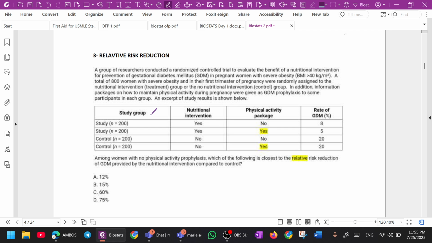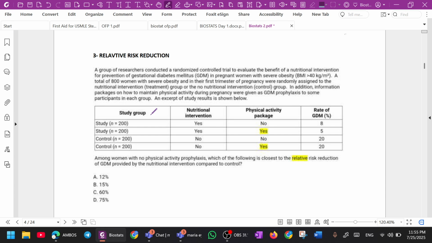A group of researchers conducted a randomized control trial to evaluate the benefit of a nutritional intervention for prevention of gestational diabetes mellitus in pregnant women with severe obesity, BMI more than 40 kg per meter square.